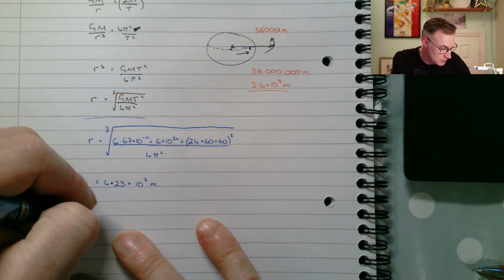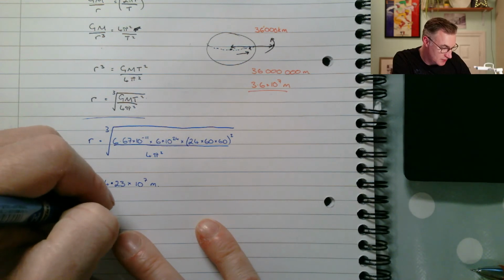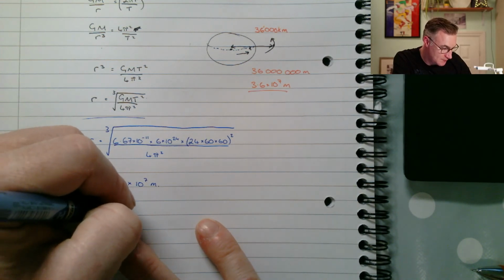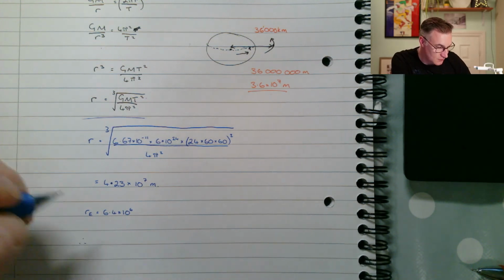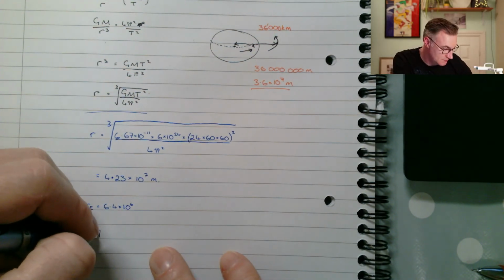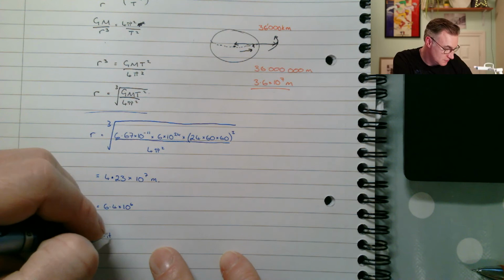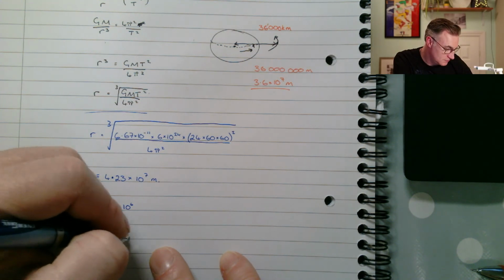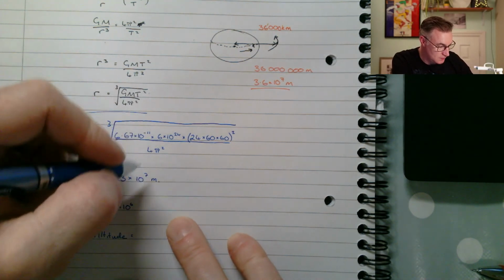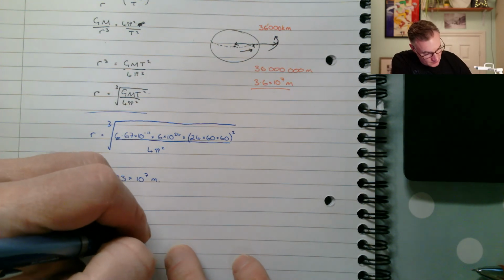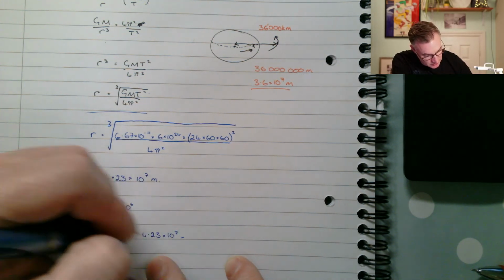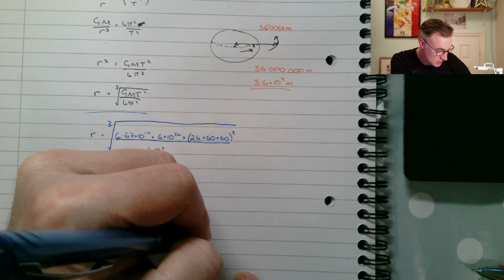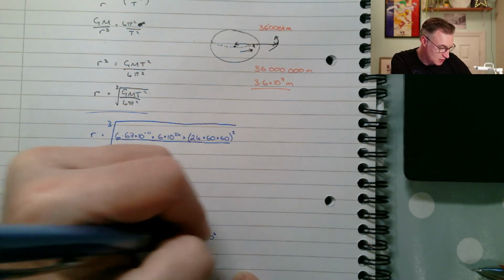So radius of the Earth, 6.4 times 10 to the power of 6. Therefore, we can say altitude is equal to 4.23 times 10 to the power of 7 minus 6.4 times 10 to the power of 6.